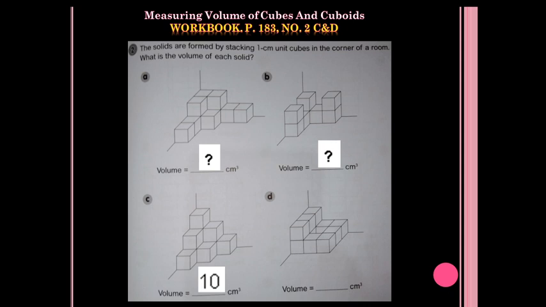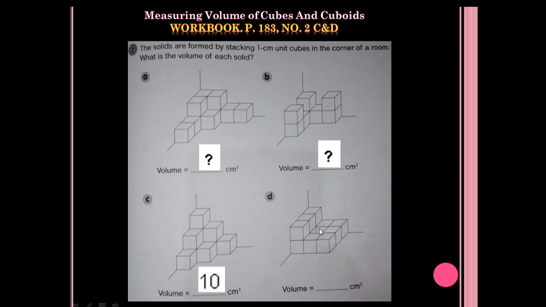Now let's find out this one. This one is very tricky. This is why I'm going to discuss it with you together. Part D is very unique because there is a trick in here. Now let's count the cubes that we can see from this picture first. 1, 2, 3, 4, 5, 6 in here. 7, 8, 9, 10.